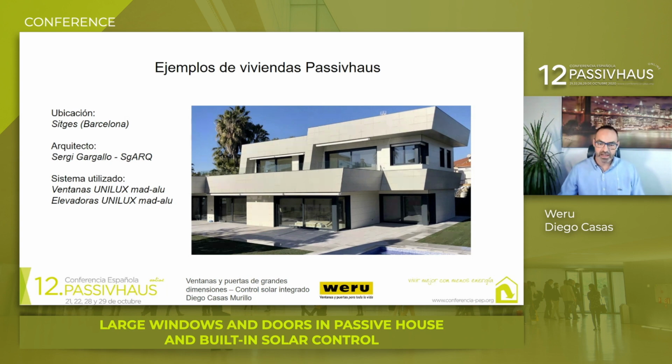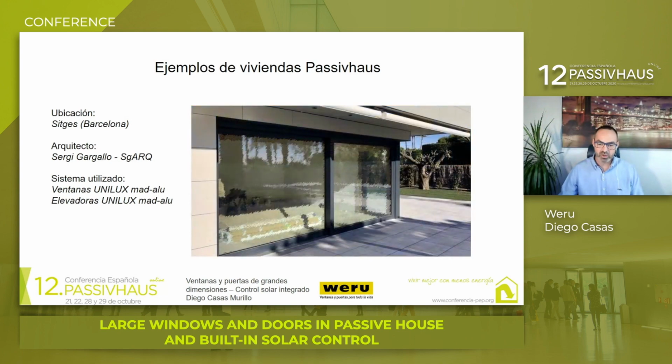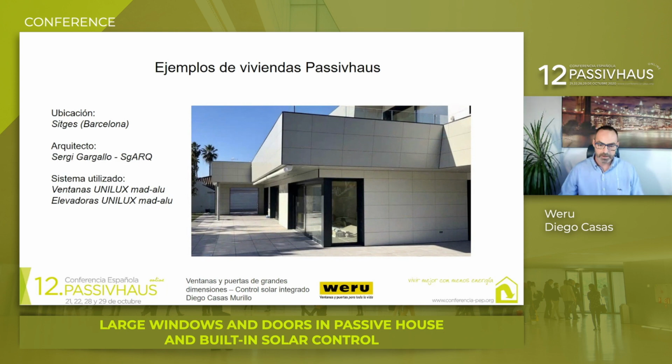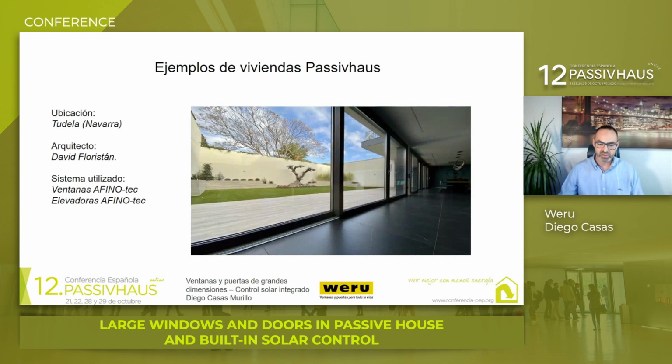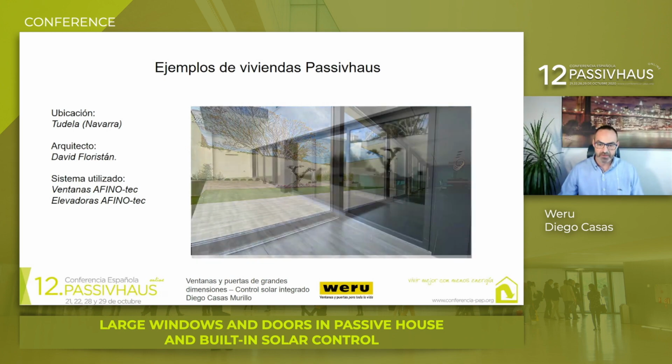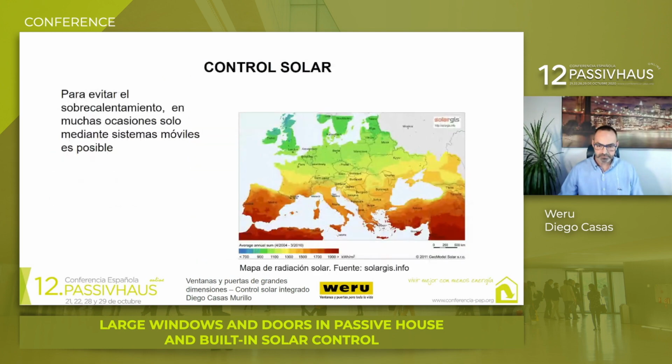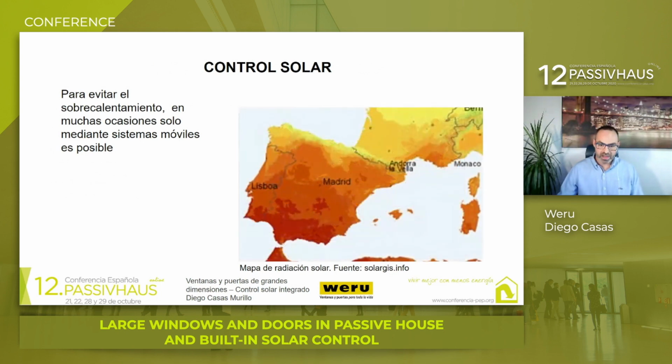The third and last example is in Sitges, by the architect Sergi Gargallo, mainly using lift and sliding doors in rooms opening to the exterior. In this case, Unilux aluminium models were used. Another project is under construction in Tudela, Navarre region, by the architect David Florestan, using the largest lifting and sliding doors available.